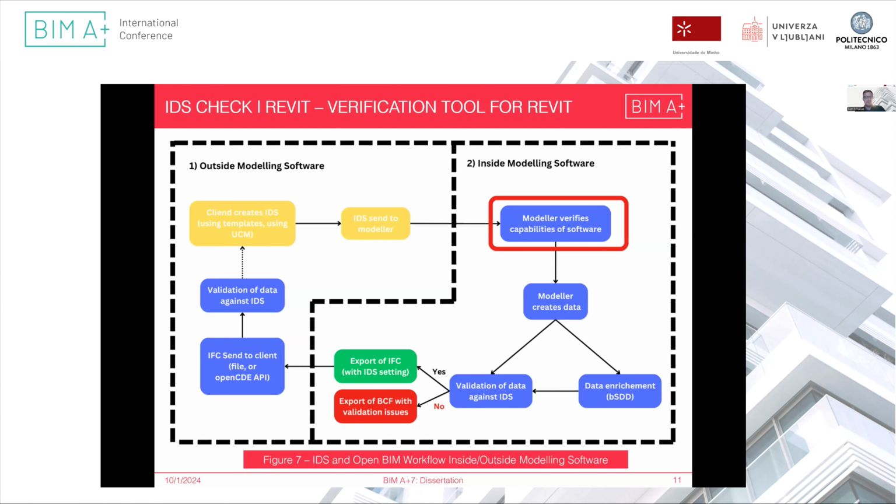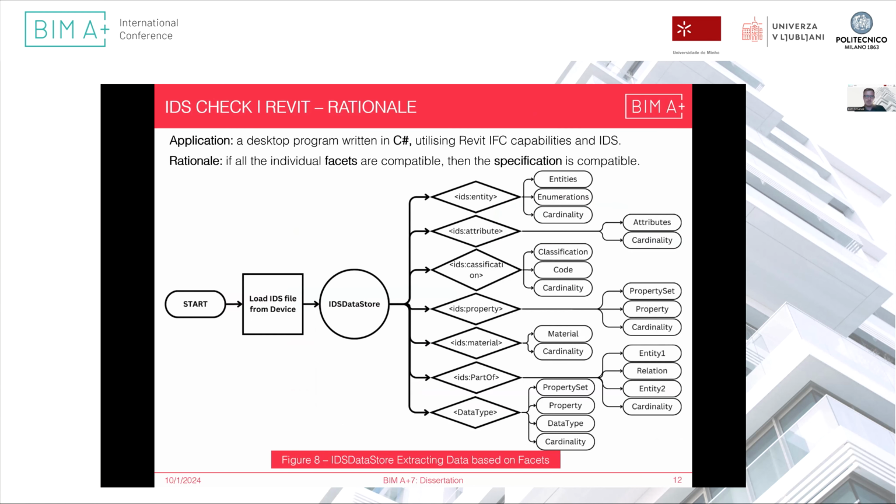So it was decided that I should create an IDS verification tool for Revit, the step in the workflow marked in red. It is a C# application which utilizes Revit IFC capabilities and IDS.